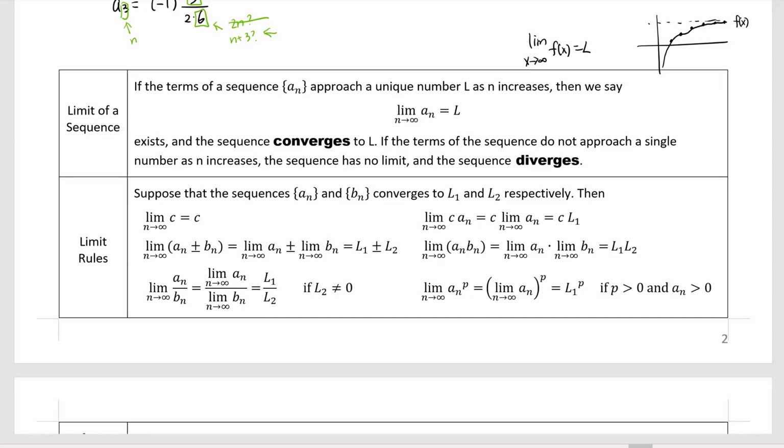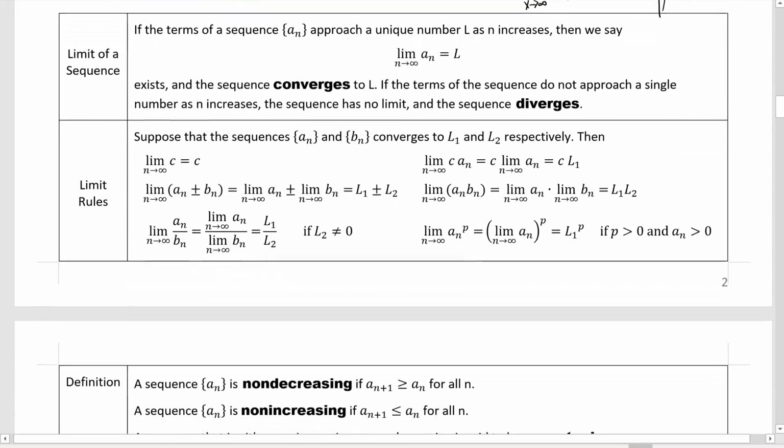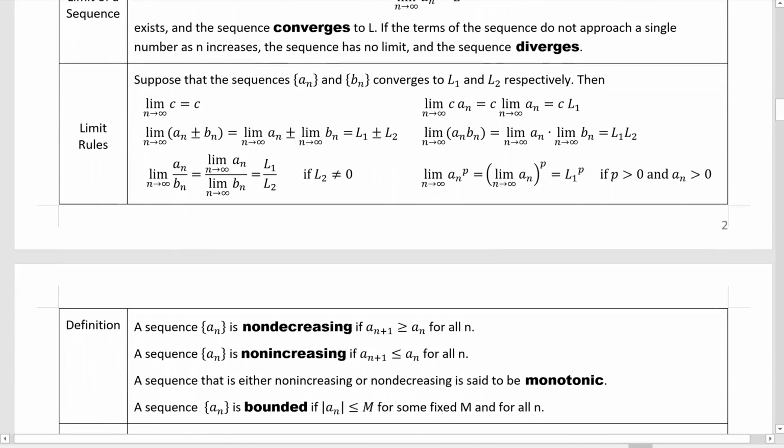Okay, so that's why we have the limit rules. So here are the limit rules we learned from Calculus 1 for limits of functions. And it's also true for sequences, okay? We have the constant, limit of a constant is the constant, limit of the sum or difference is the sum or difference of the limits of the sequence. And then for quotient, you gotta be careful.